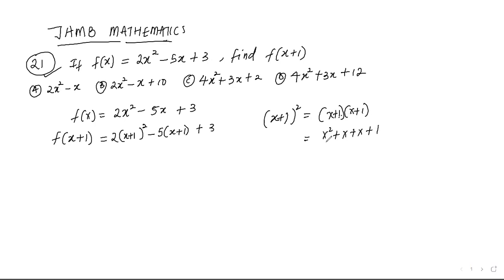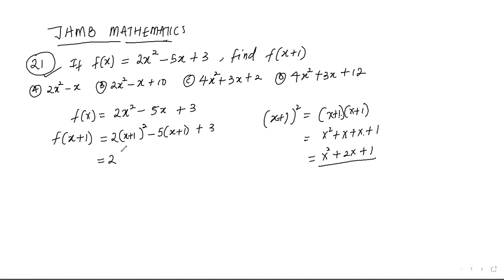Like our videos, we always do all our math solutions one step at a time, for those who are not really math grounded, so we take it step by step. So you have x squared, x plus x will give us 2x, you understand? Then plus 1. So when you expand this, you get x squared plus 2x plus 1. But if you don't know how to do expansion, let me know in the comment section, so that in the next video I will make sure I deal with this.